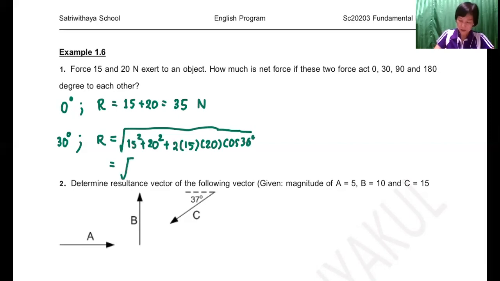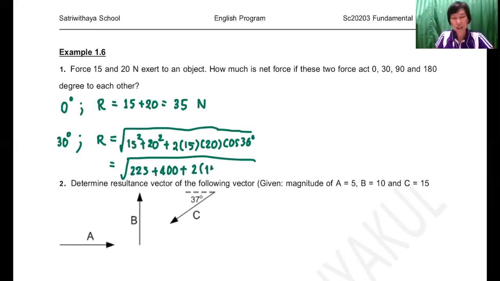We know that 15 squared is 225, plus 20 squared is 400, plus 2 times 15 is 30, 30 times 20 is 600. Cos 30 is square root 3 over 2.